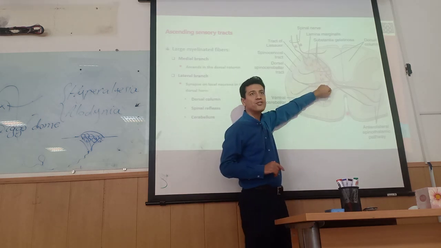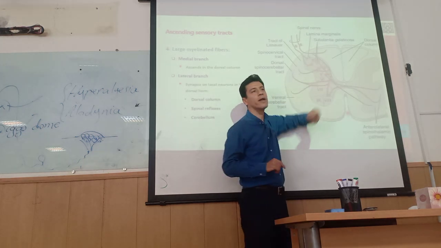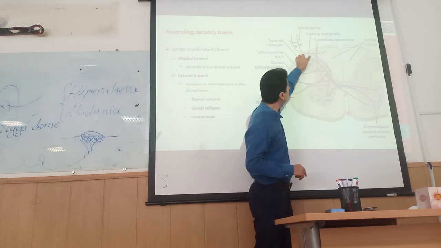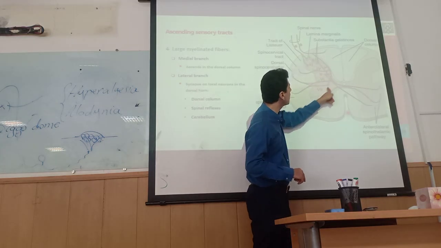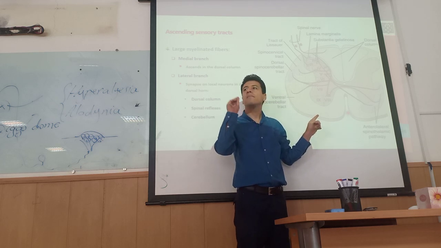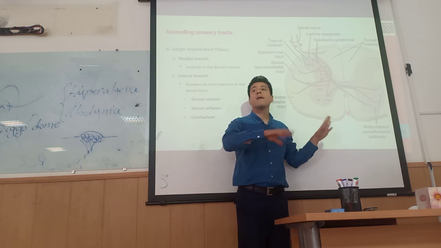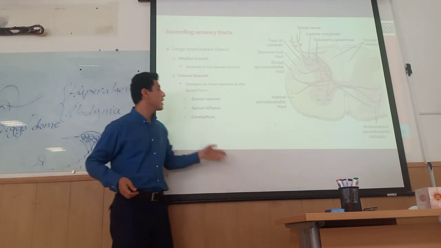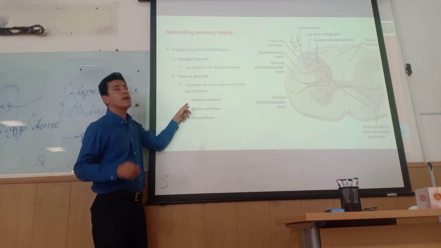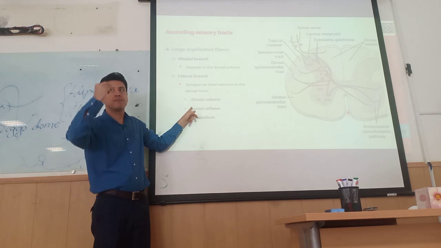Then, the lateral branch makes contact with neurons in the dorsal horn. So we have a lot of cell bodies here, so the fiber goes to different layers of the spinal cord gray matter. At each layer, they make synapses with different neurons, and those neurons may go to different locations or may serve different functions. Some of them turn back to the dorsal column and go up.